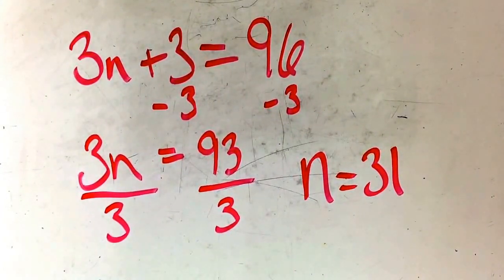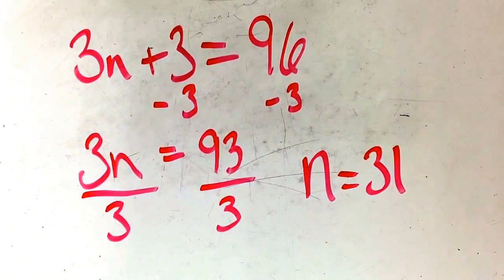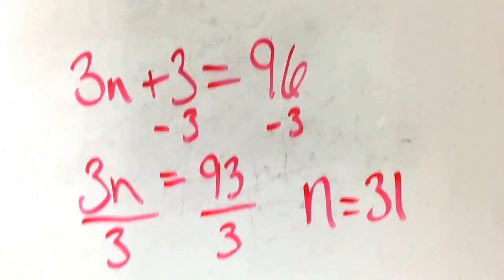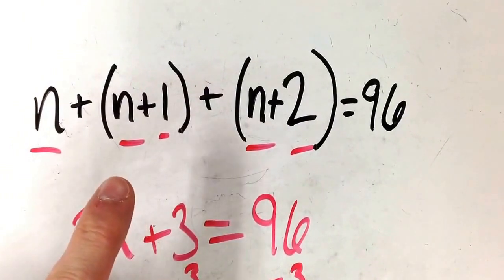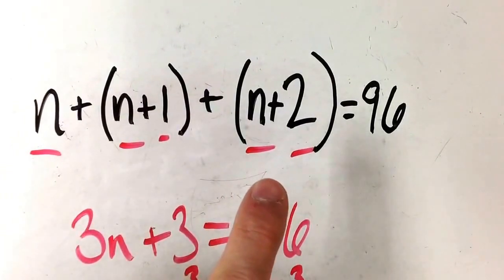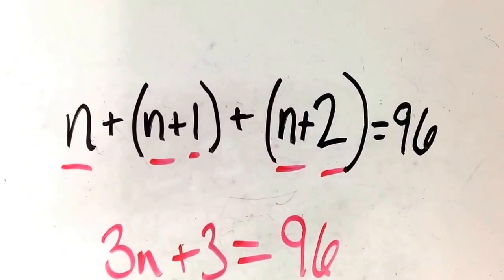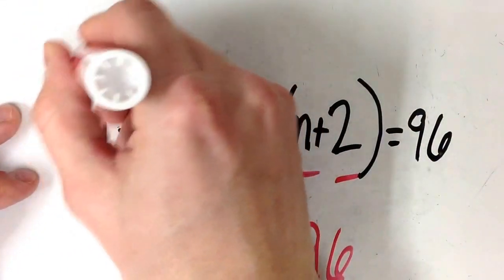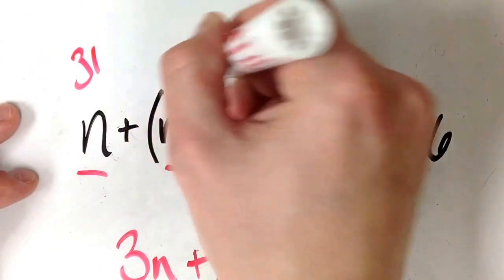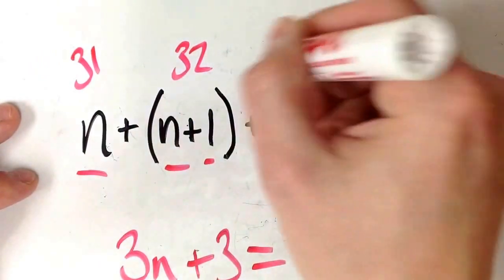So if n equals 31, my next consecutive number, going back up here, should be 31 plus 1, so that'd be 32, and then 31 plus 2 for 33. So I would have 31, 32, 33.